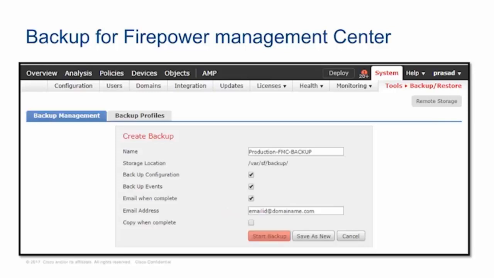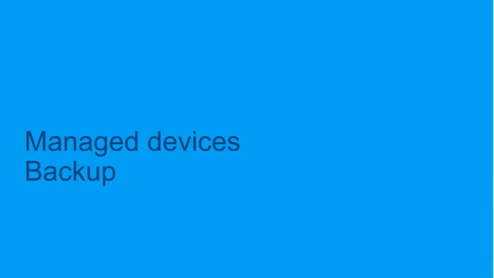Once you have configured these options, you can initialize a backup on demand by clicking Start Backup. This is going to immediately initialize the backup process, or you can click Save As New to save this profile so that you can use it for future backup processes.